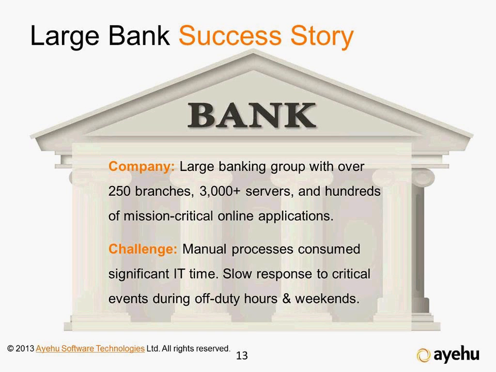Here's an example of how automation can make a difference. We had a client that was a large banking group, lots of branches, lots of servers, and hundreds of mission-critical apps. They were maintaining this infrastructure annually, and it was chewing up a lot of time, a lot of resources. And when critical events happened during off hours and weekends and things of that nature, the response was really slow.